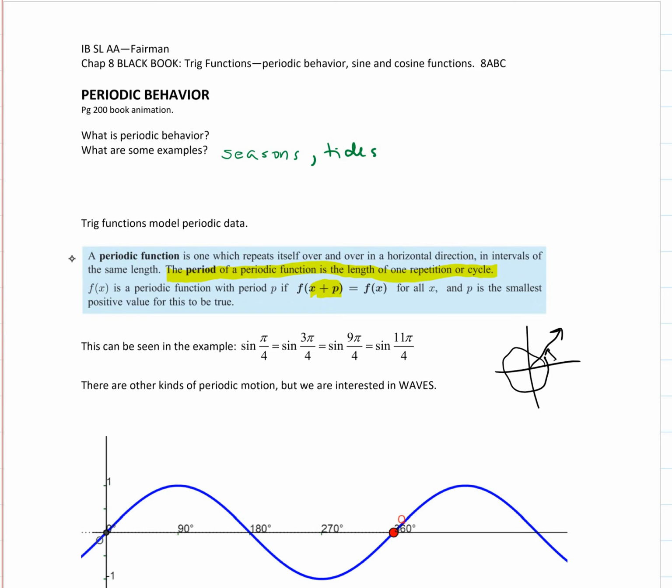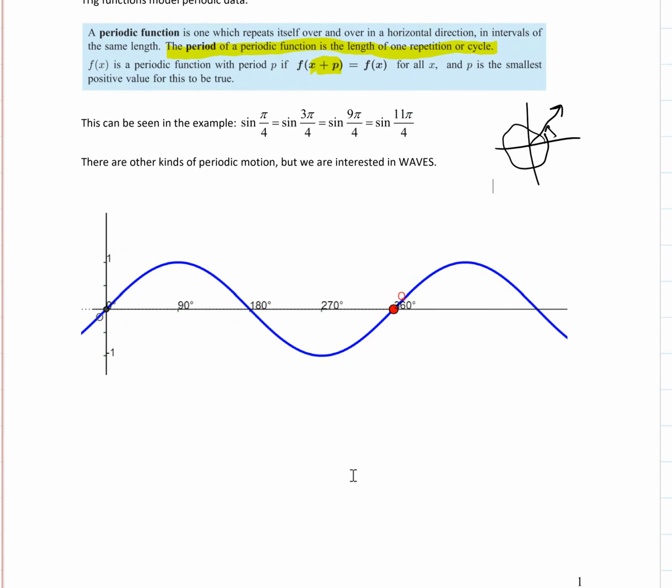So there are other kinds of periodic motion too, but we're mostly interested in waves. What I'm showing you below is the graph of the sine, so this is y equals sine of x. Notice there's a few things about this that you need to understand.